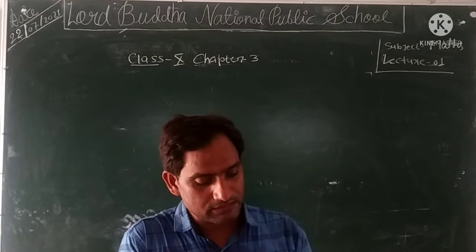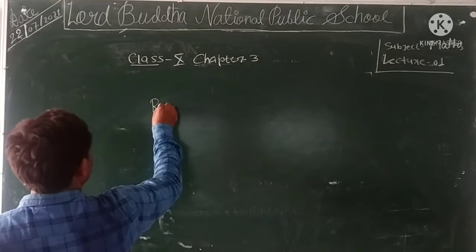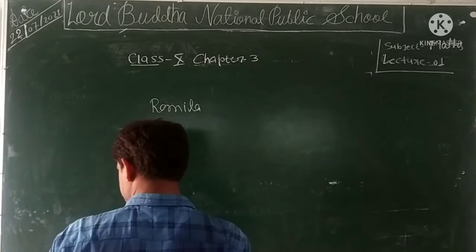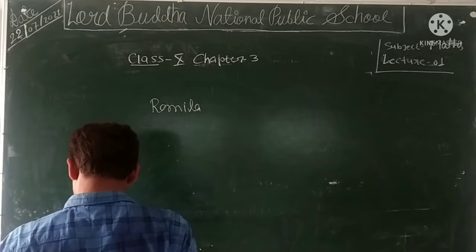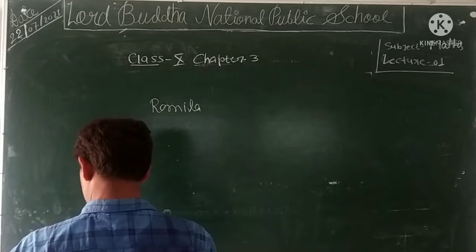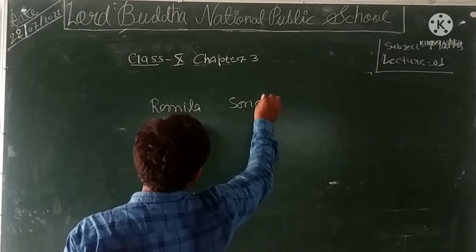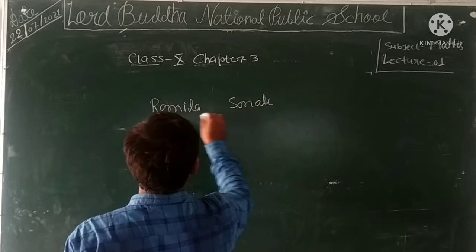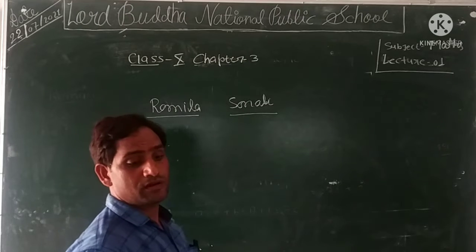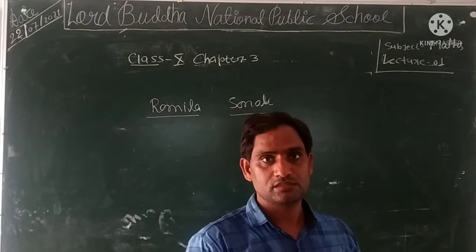Here are two candidates: first, Romila, and second, Sonali. Romila and Sonali go to a stationery shop and buy pencils and erasers.